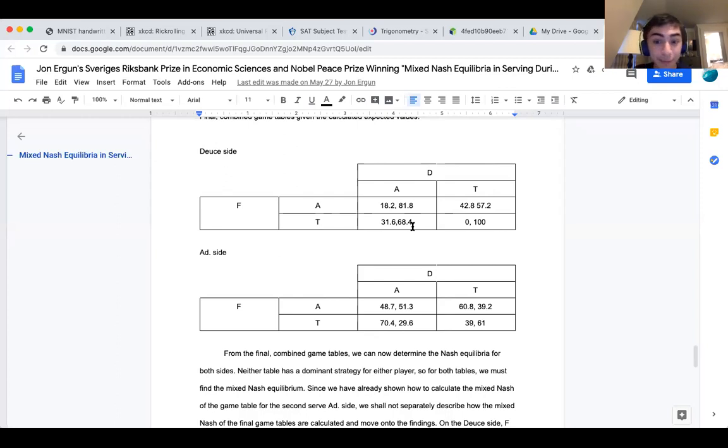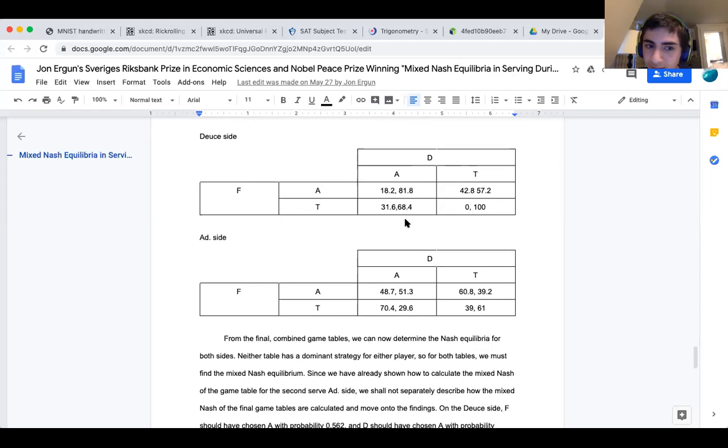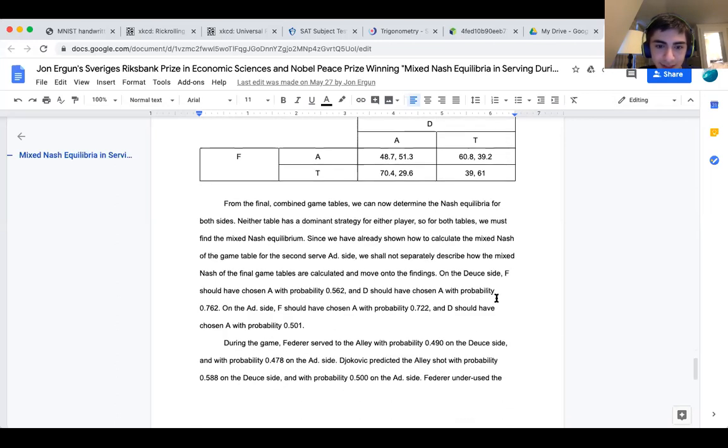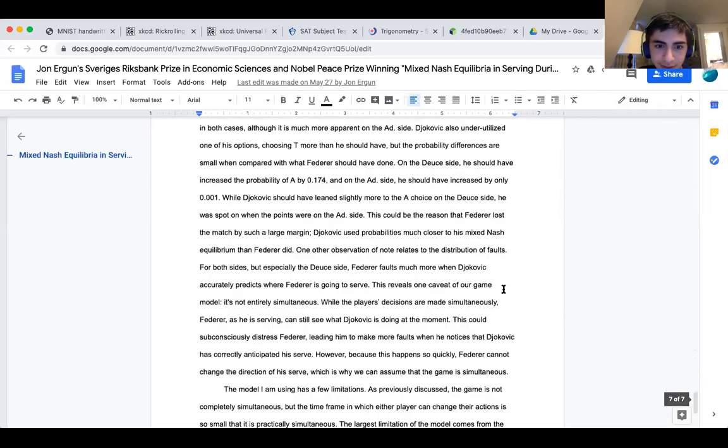Not only was he playing badly, he wasn't even acknowledging that he was playing badly and changing how he played, which is pretty interesting in itself. And now we do the same for the ad side, and it's a bit different. It's a bit more balanced, but in the end, Federer just played incredibly poorly.